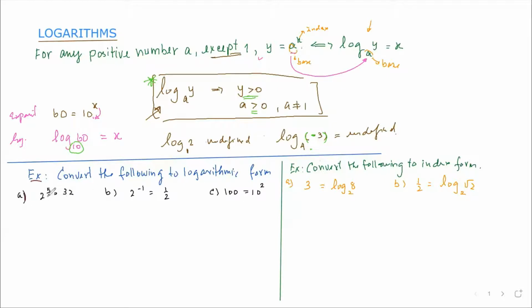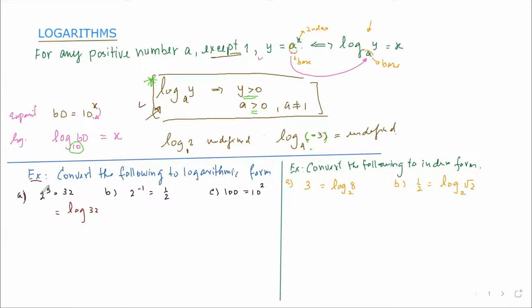Question A: 2 power 5 equal to 32. So we use the definition we just talked about. This one is the exponent form, and we have to convert to logarithmic form. Which one is the base? 2 is the base, correct? So I write log 32.